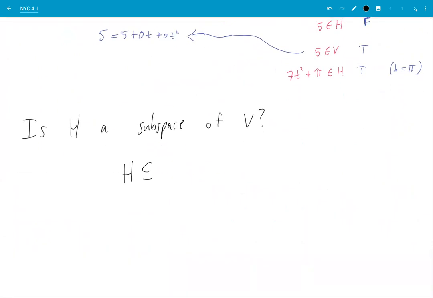Okay, H is a subset of V, since if you take any of these dudes, 7t squared plus b, you can write that as b plus 0t plus 7t squared. Okay, now that I've rewritten it that way, I can see that it's clearly a polynomial of degree at most 2.